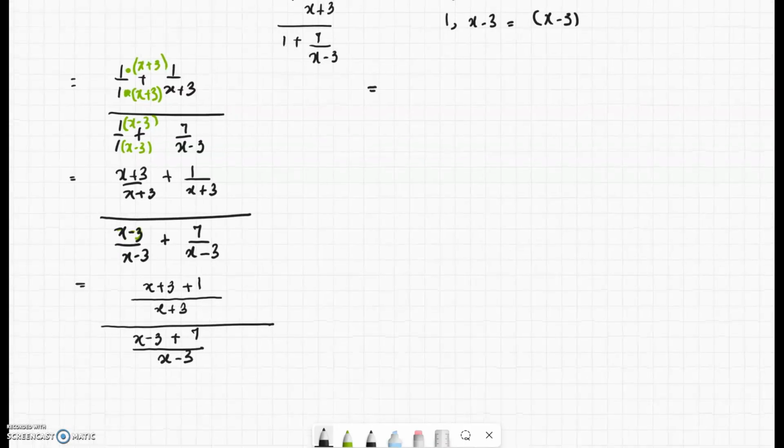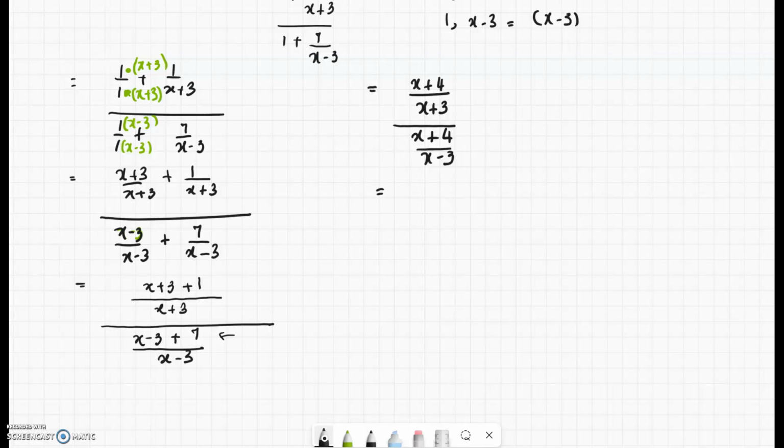Now let's continue here. So that would be x plus 4 in the numerator over x plus 3 divided by x plus 4. Minus 3 plus 7 is plus 4 over x minus 3.